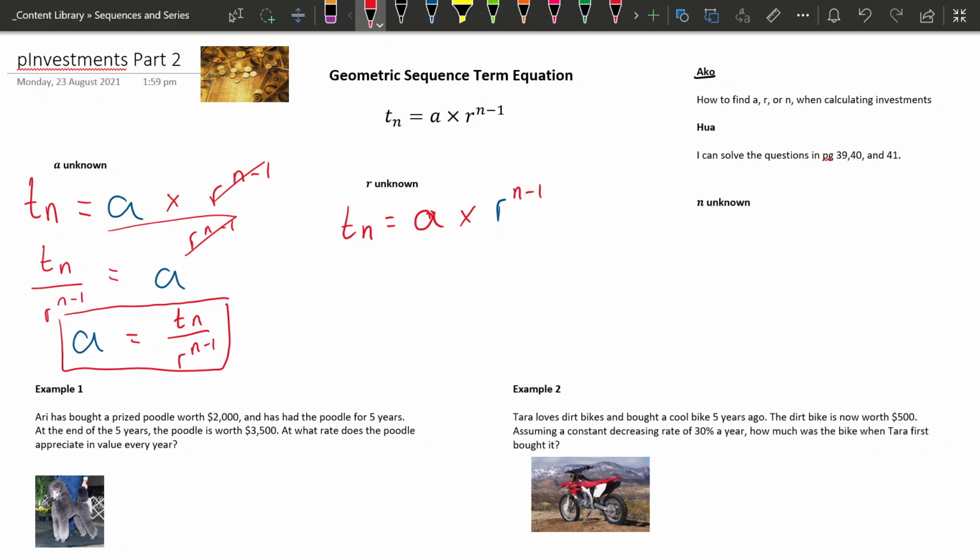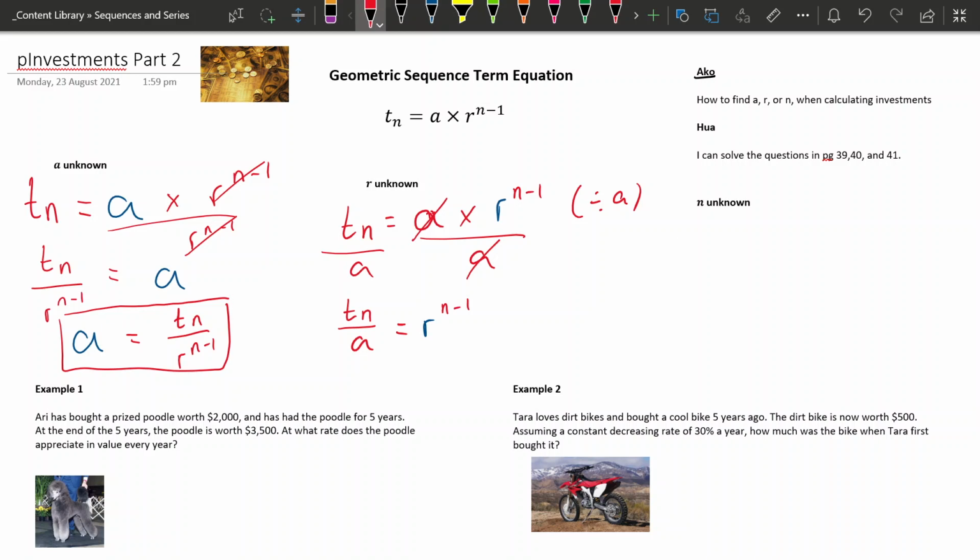So to find R, first off, I want to get rid of that A on the left. That's bugging me by dividing both sides by A. What happens is that the A's cancel out, and we're left with Tn over A equals Rn minus 1. I'll leave that R being blue for now, because we don't know it.